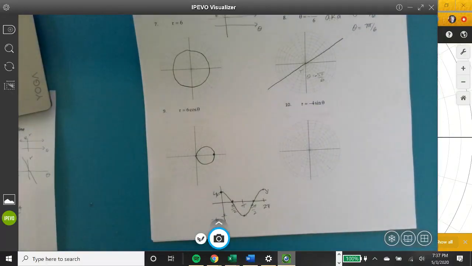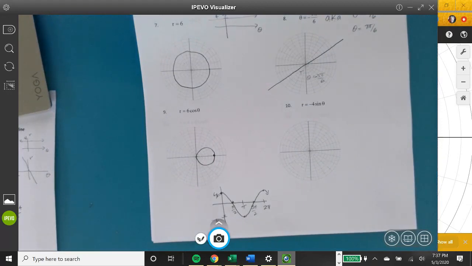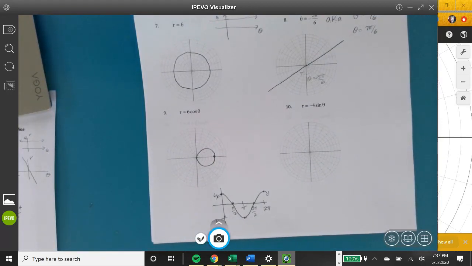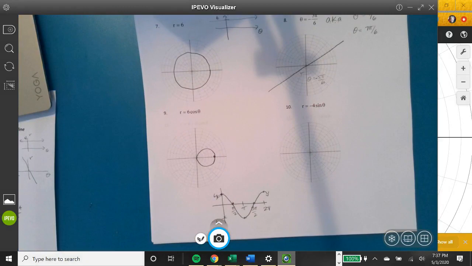I got to turn the light on. I'm sorry. It gives us a circle centered on the polar axis. And is it on the positive polar axis? There we go. And then there was light.